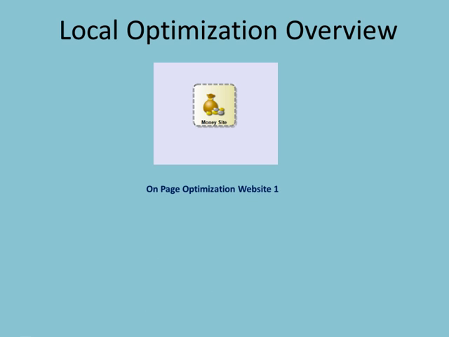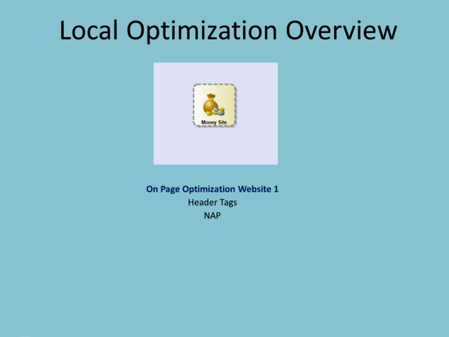Now for your main website, on-page optimization, that's the actual optimization of your website, is very important. And some of the things that we focus on your main website are having the right H1, H2, H3 tags, and those are header tags on each page of your website.